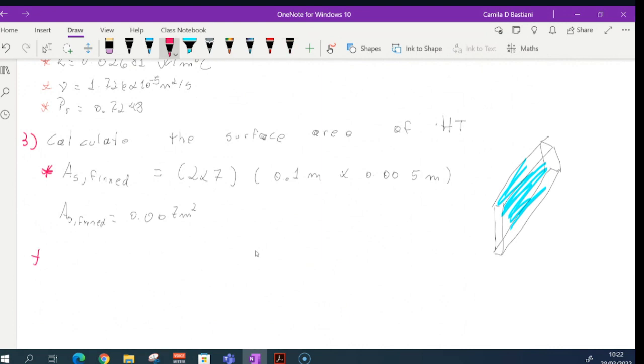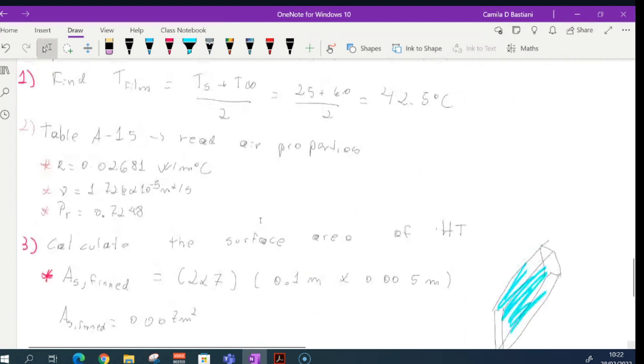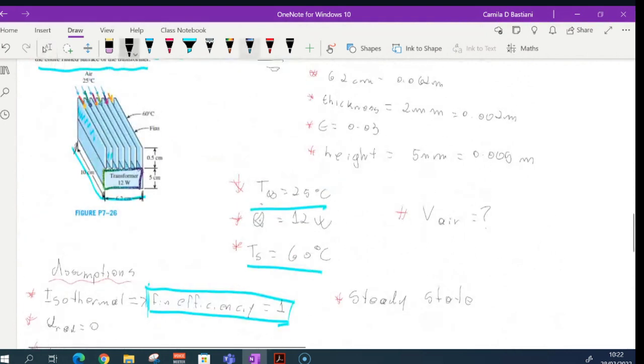Next, I want to find my unfinned area. My unfinned area is my area of the top. So if I had just the block, I would have a block with the sides of 6.2 by 10 centimeters.